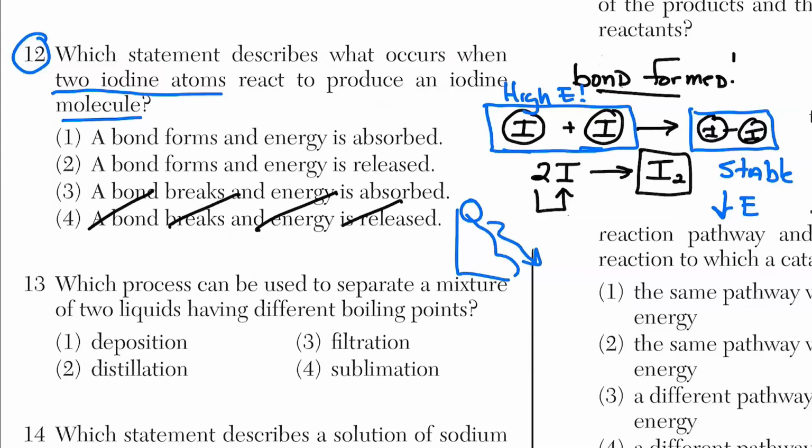Birds land spontaneously. But when birds want to fly, they have to use their muscles and energy to fight gravity. These are things you should understand. So anytime a bond is formed, energy is always released. So therefore, 2 is the answer.